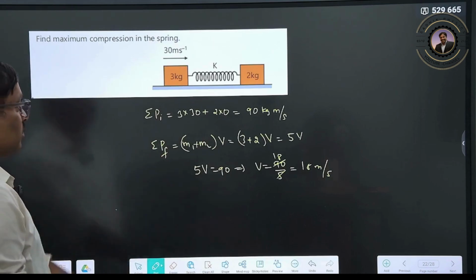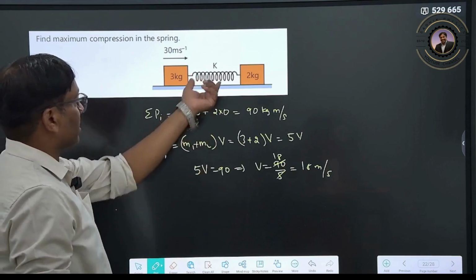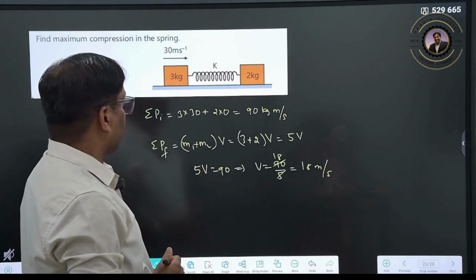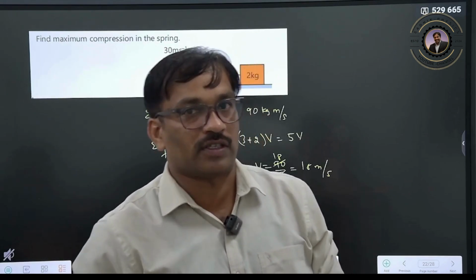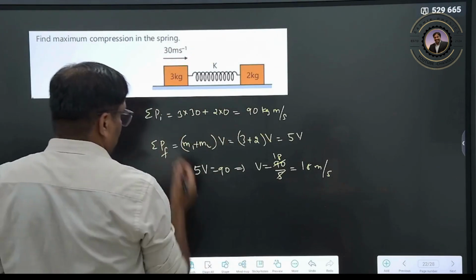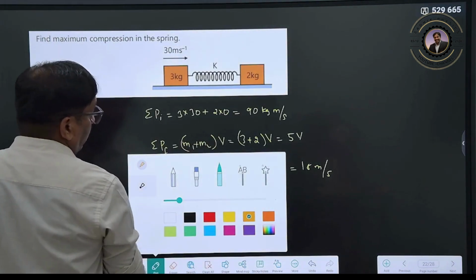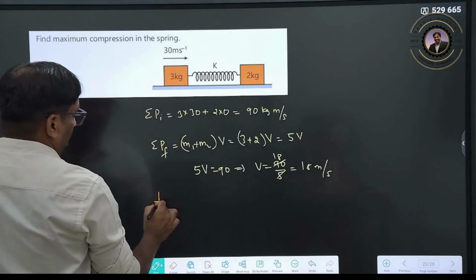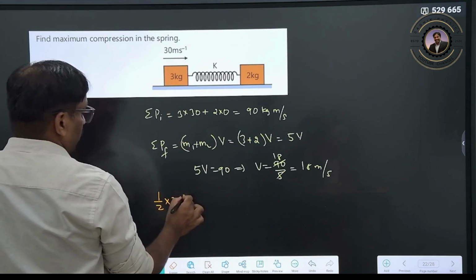Clear? Now we don't want this velocity, we want the maximum compression. Here you have to use the law of conservation of energy. Initially how much energy is given? It has kinetic energy, half into the mass, that is 3 into 30 square.